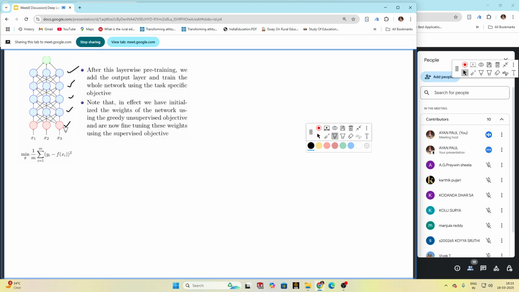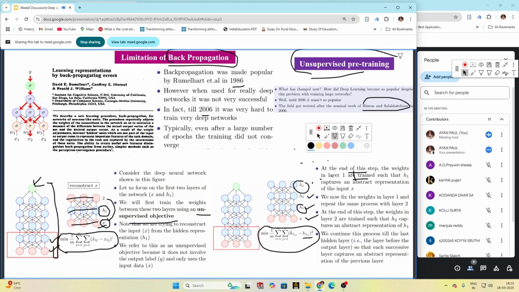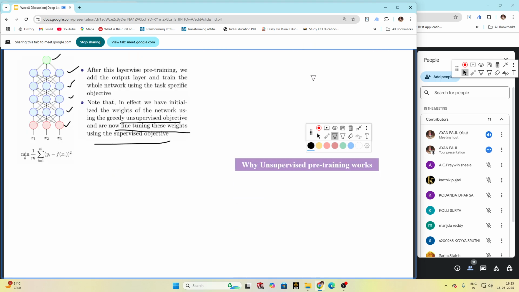That means we supply the labels, and again our algorithm will learn the weights. Note that in effect we have initialized the weights of the network using the greedy unsupervised objective, and now we are fine-tuning the weights with the supervised objective. This is the process known as unsupervised pre-training.